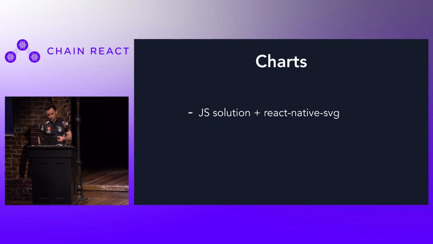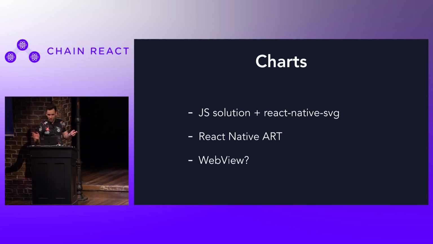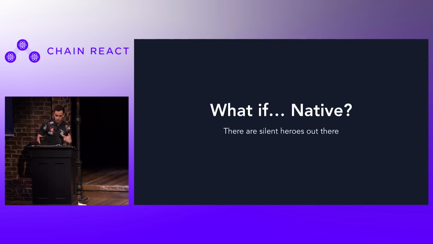They told me I could use React Native ART. The problem was that when I was doing this, the package was not extracted yet, so it was a dark place without documentation or anything, so I didn't go there. Somebody told me, why don't you use a web view, with D3 and stuff, and I said no. Then I said, what if I use native, right?